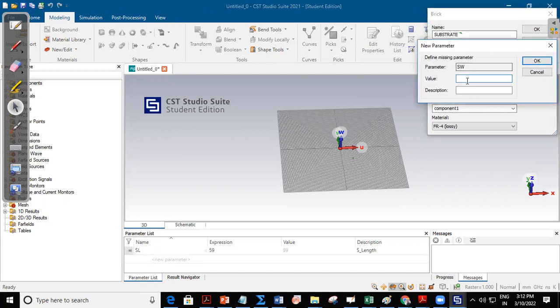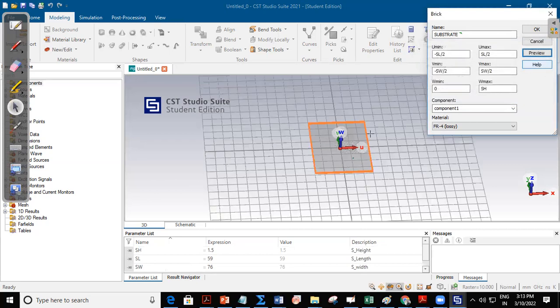Okay, then we are writing substrate width. It is 76 mm, which we already chose, so no need to mention mm. It is S width, the substrate width, and the height is 1.5, the substrate height.